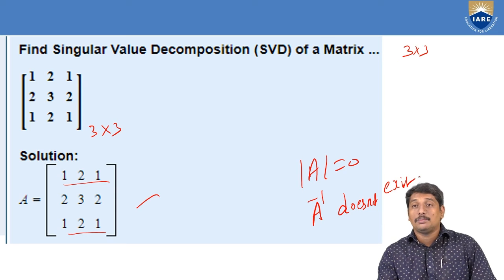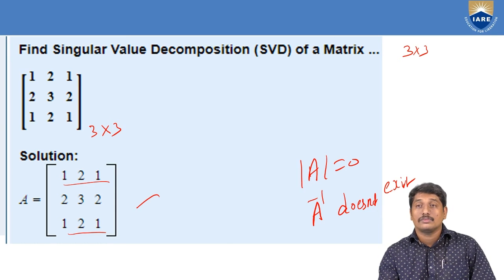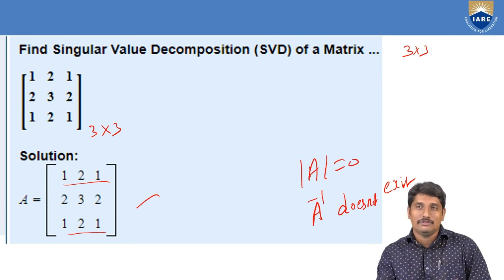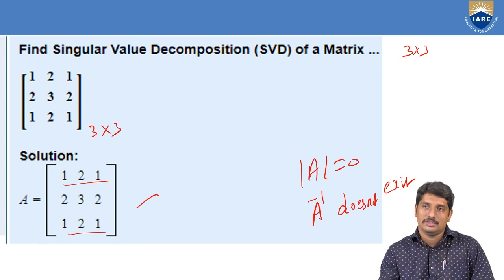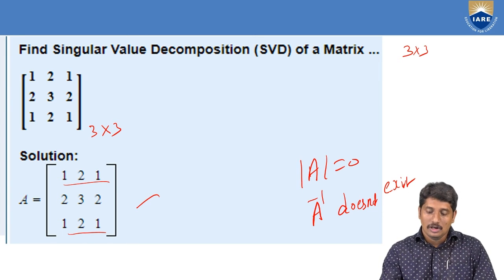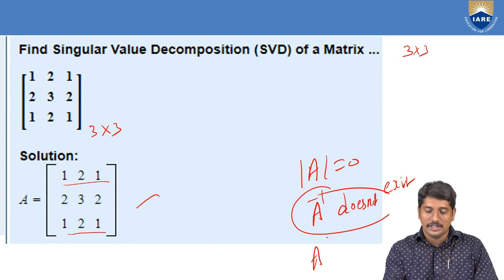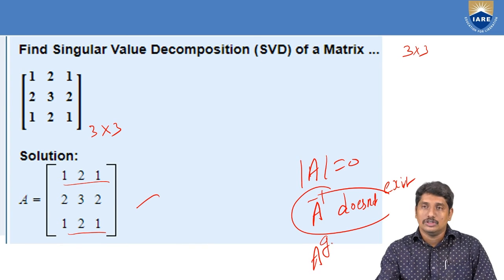But at the end, surprisingly, we are going to have an inverse for this matrix, which is singular. Even though it is singular, we can find a pseudo-inverse for this matrix, which is an approximate inverse. Of course, A inverse does not exist, but still we can find an approximate inverse, which is called pseudo-inverse. That will be discussed at the end of this problem.